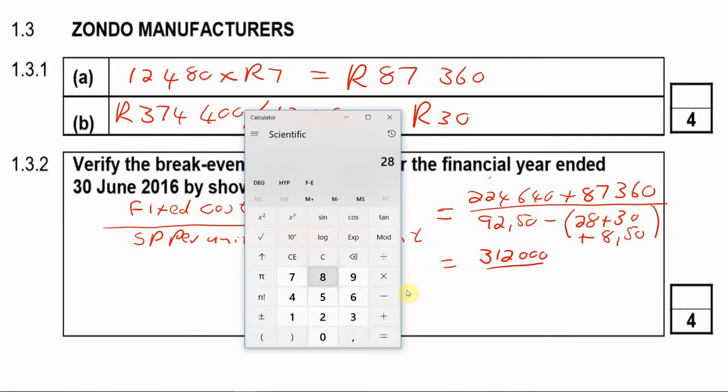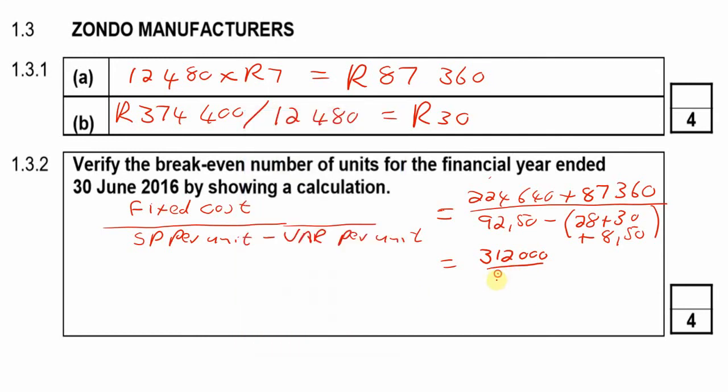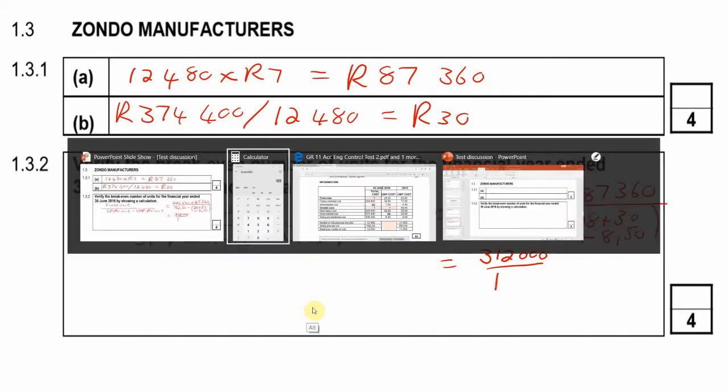So we have 28 plus 30 plus 8.5, so 66.50. We have to subtract from that, or we subtract from 92.50 that, and that's 101 Rand. Whoa, no, something doesn't make sense. It must become less, not more.